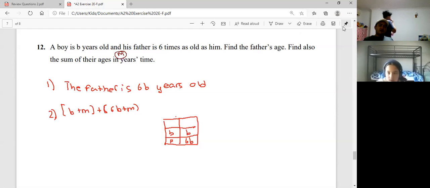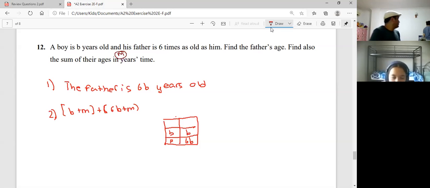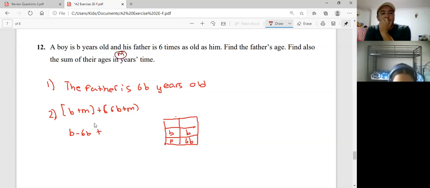So now just simplify. What is b plus 6b?